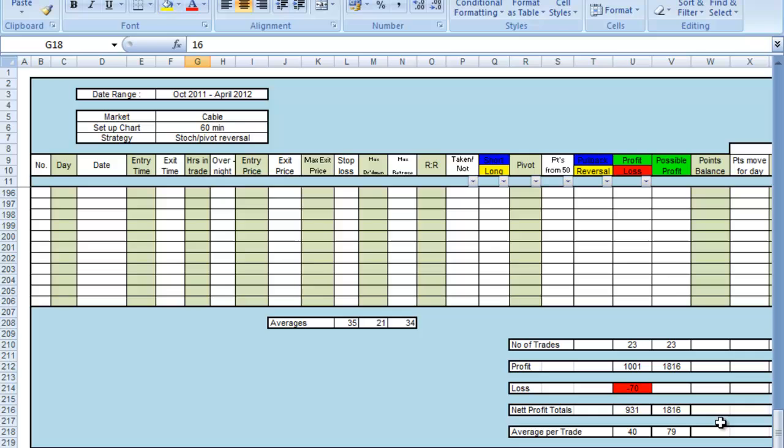I also think, having been through the setup, there's certainly a lot more setups there if you don't require a second hit of the pivot. It's a reversal trade, and it's taken off a pivot, but it doesn't have to be a pivot. I've noticed that the stochastics and points of support and resistance come into play quite a lot. So I think there's a lot of other opportunities.